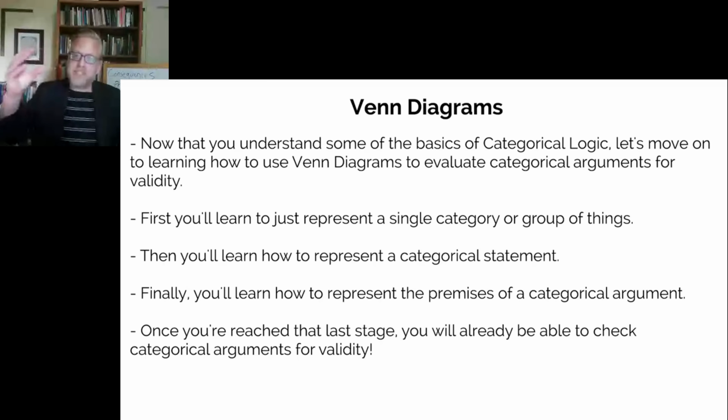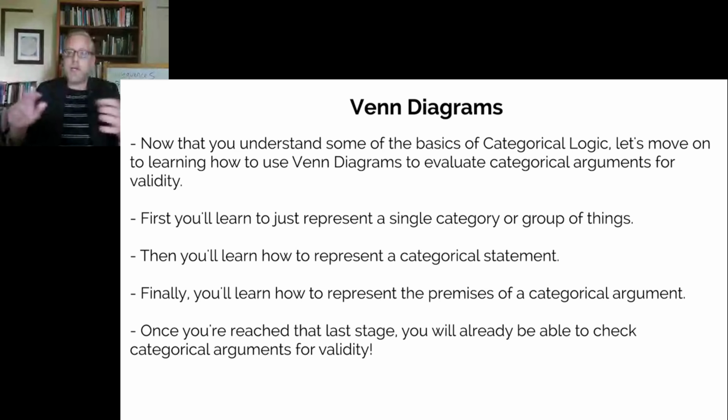Once you're at the level where you can represent two different statements onto three circles, you'll be ready. You'll actually have learned it already at that point, because that's all you end up having to do with this type of thing. You'll look at a categorical argument, make sure it's got two premises and a conclusion, make sure it has just three categories, and then you can make the three circle construction.